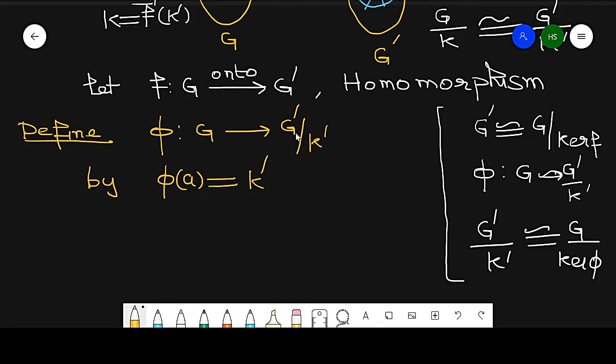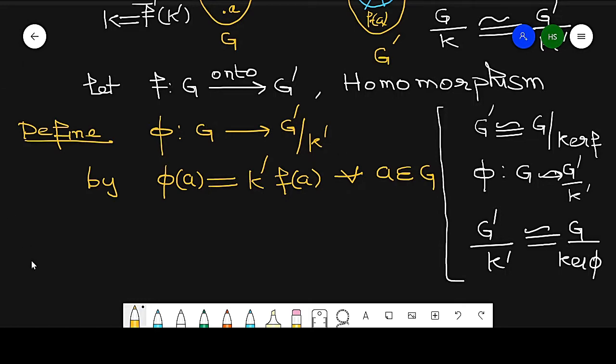Now here I require an element of G dash. If a is an element of G, then its image f of a is an element of G dash. So this can be written as K dash f of a for every a belonging to G. In this way I define this mapping phi from G to G dash by K dash.